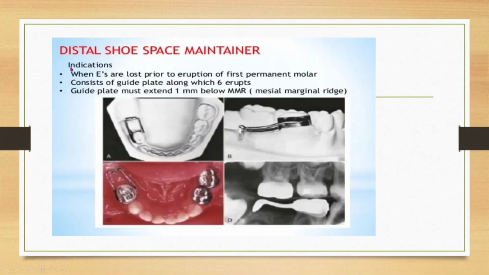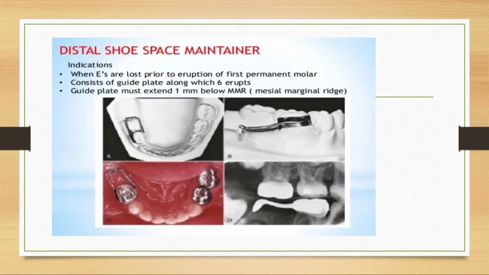So what are the indications? When the second deciduous molar is lost prior to the eruption of the first permanent molar, at that time we need to keep this distal shoe space maintainer. We need to maintain the space for the first permanent molar.